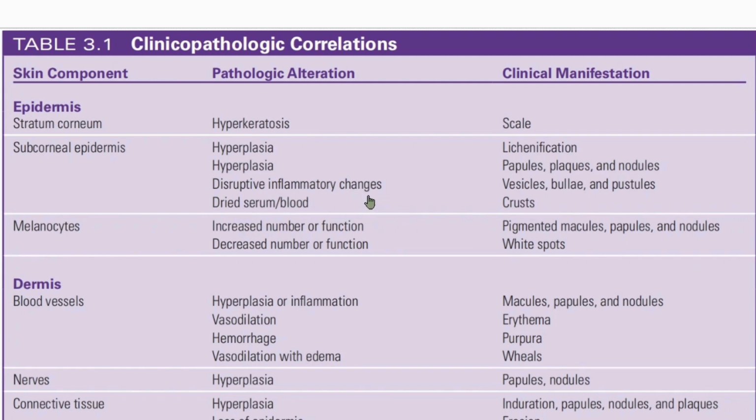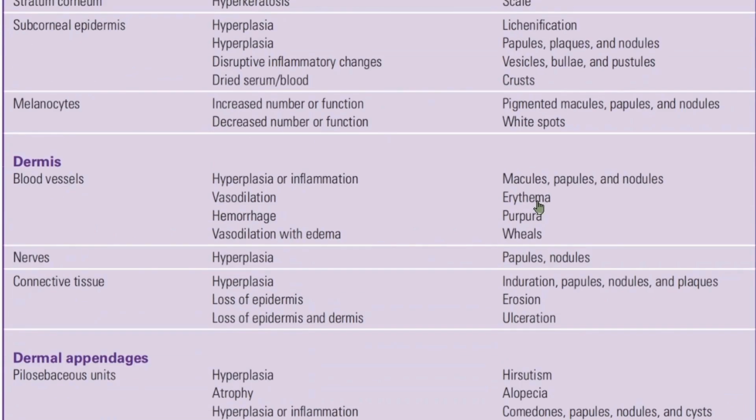In hyperplasia, clinical manifestations can be lichenification, papules, plaques, and nodules. In disruptive inflammatory change, we can see vesicles, bulla, and pustules. In dried serum or blood, we can see crust.